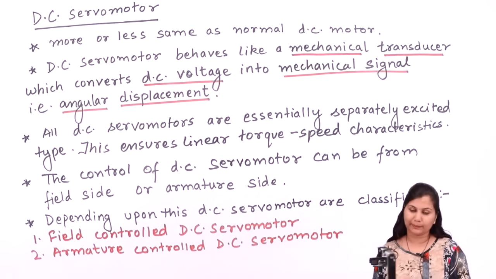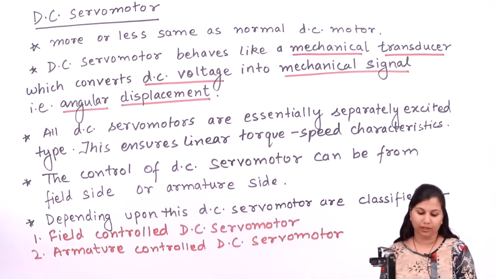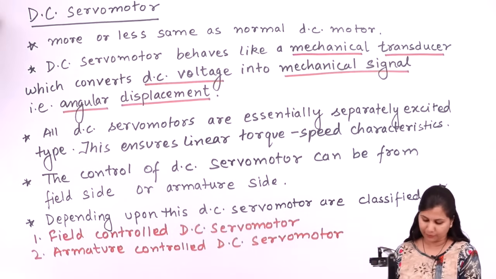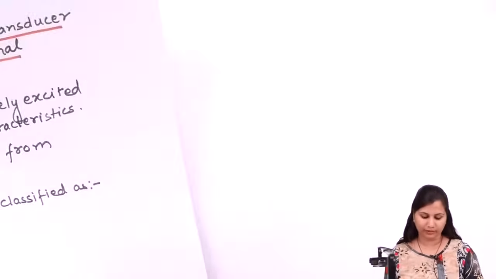These are the two types of the DC servo motor. Now let us study these types of servo motors one by one. First we will start with armature controlled DC servo motor.